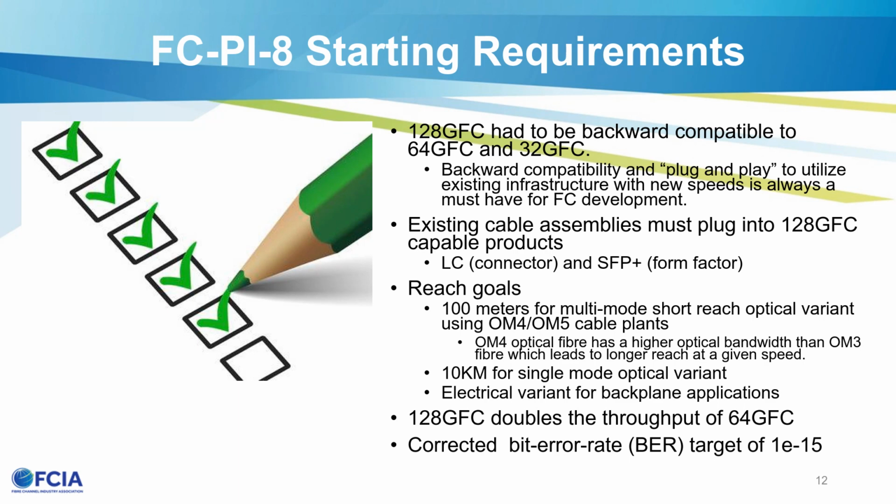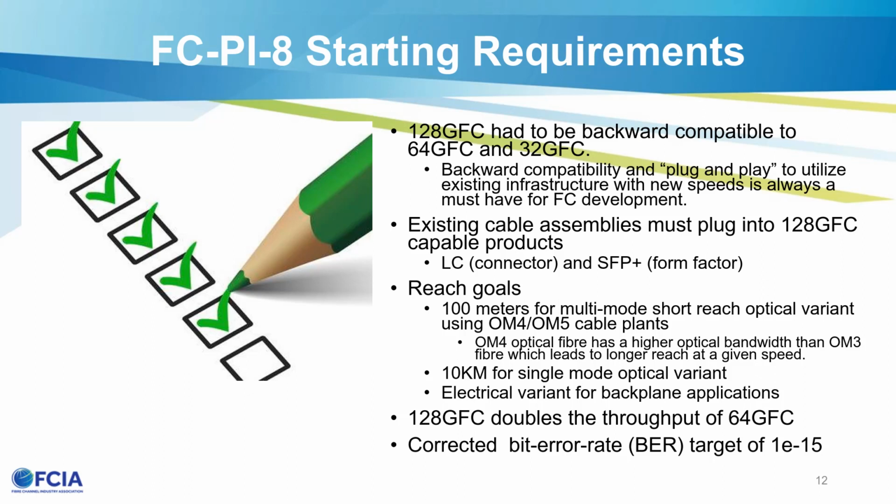For 128, the reach goals were 100 meters for the multi-mode short reach optical variant, and that's using OM4, OM5 cable plants. The multi-mode optical variant has been the primary Fibre Channel variant. OM4 optical fiber has a higher optical bandwidth than OM3, so you can get a longer reach on OM4 than you can OM3.